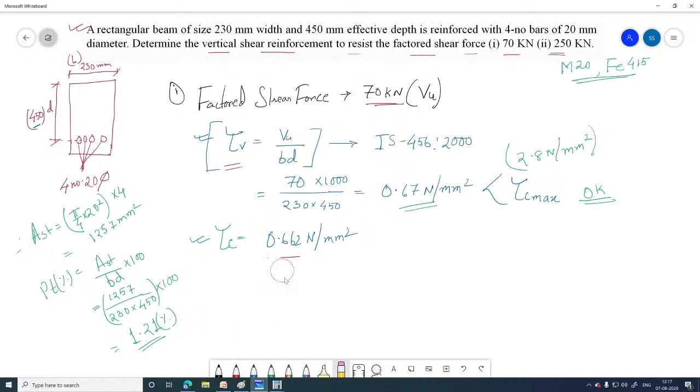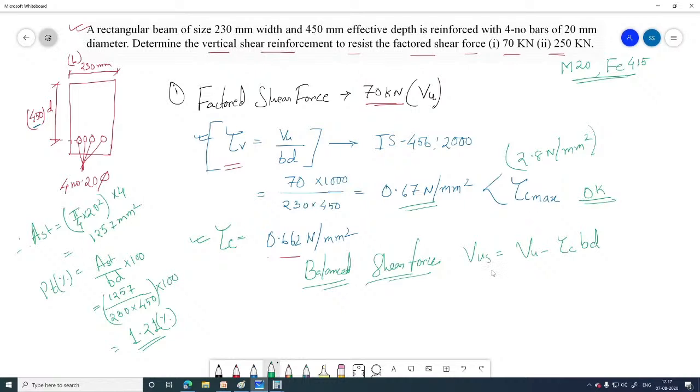So what is the next step? The next step is we need to determine the balance shear force. Okay, which is given by VUS equals VU minus tau c BD, where VUS is the balance shear force. Why we need to determine this?